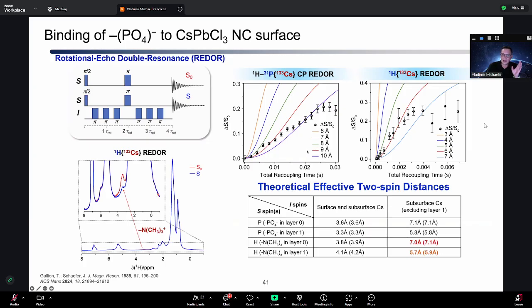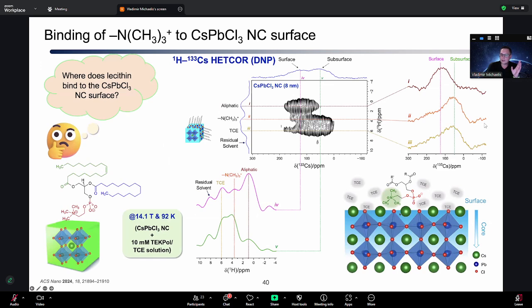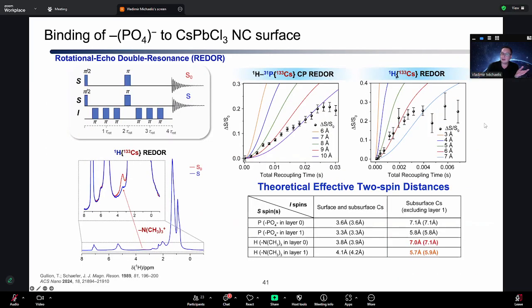So if you go back to this structure, phosphorus is really far away from cesium. That's what it's telling you. Okay. If you look at proton and cesium, you can see that the protons and cesium are around 6 angstroms. So what that indicates is the cesium cations aren't really near the phosphate group. Again, reinforcing that the amide might be kicking out cesium and replacing it.